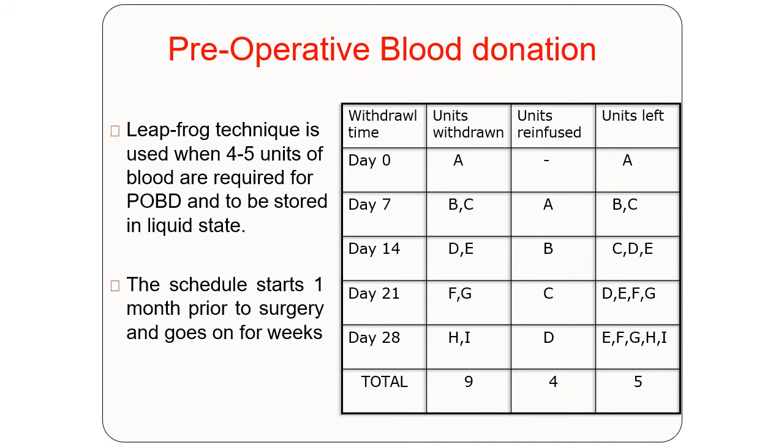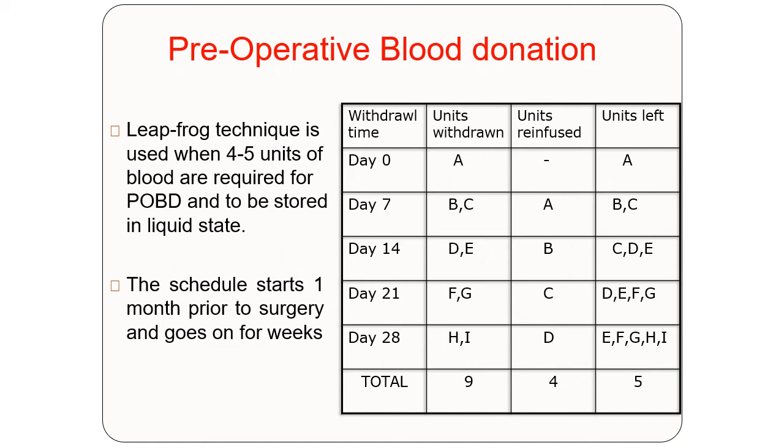The leapfrog technique is used. So what is the leapfrog technique? It is used when 4 to 5 units of blood are required and need to be stored in liquid state. The schedule usually starts 1 month prior to the surgery and goes on for weeks.